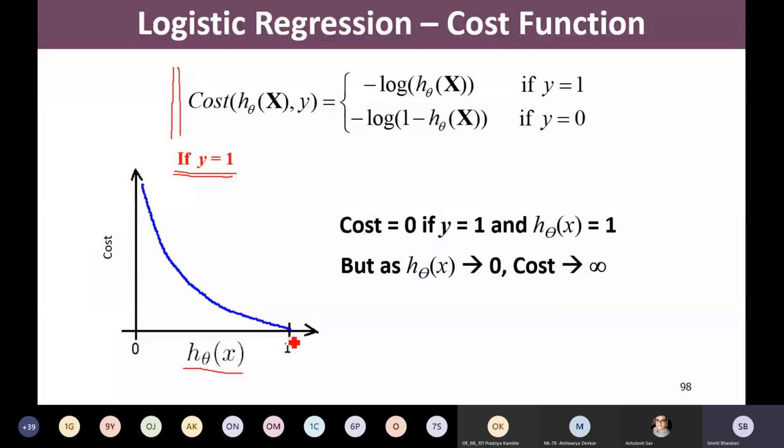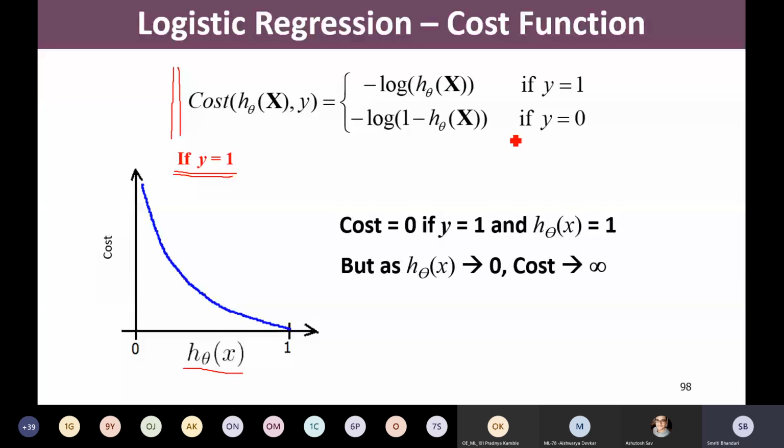Okay, and as this h theta x approaches 0, this cost will go on increasing, and eventually when h theta x approaches 0, it becomes infinity. This is how we should interpret this first case, if y equal to 1.